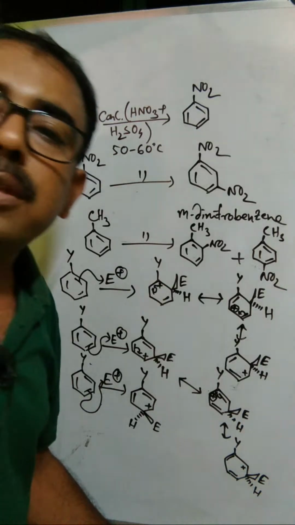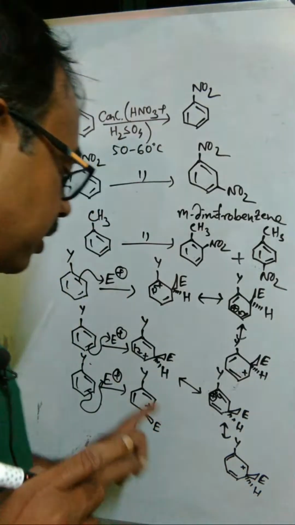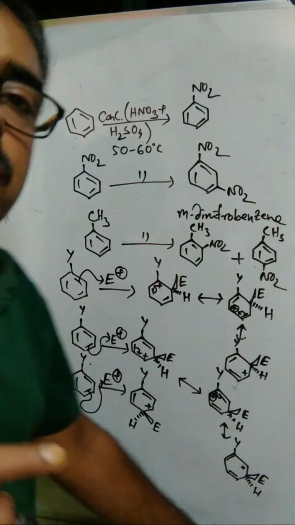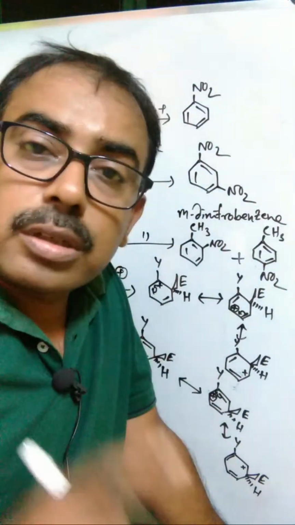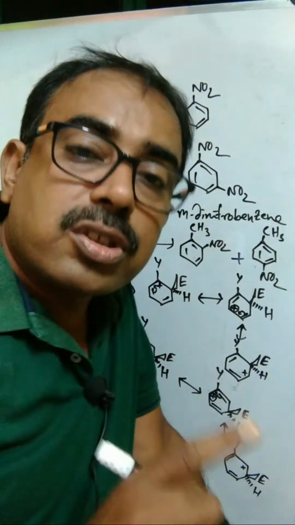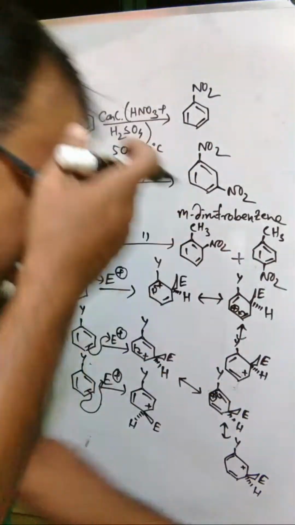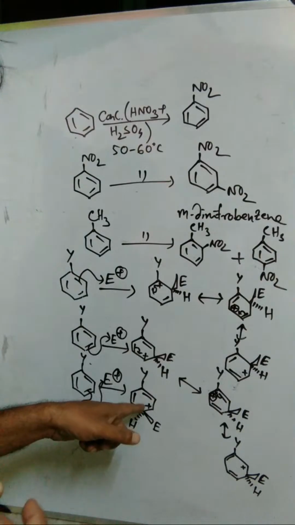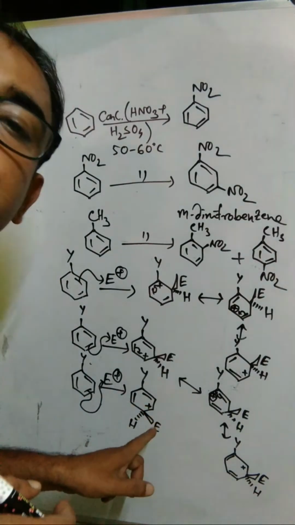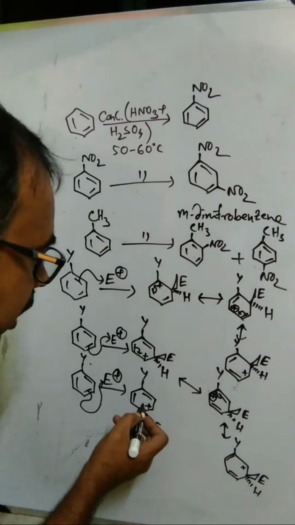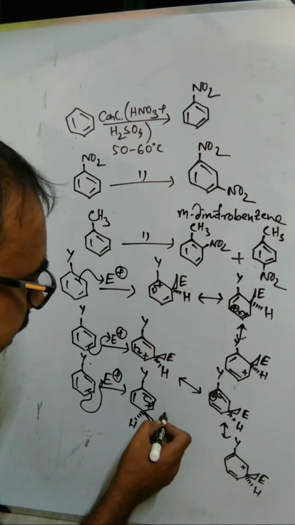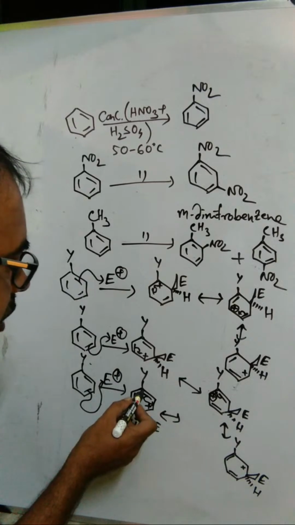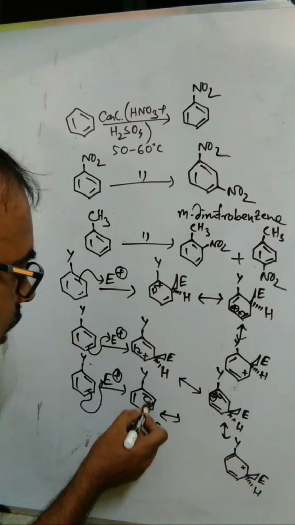Next, what happens in the resonating structure? The aim of resonating structures is just to reduce or neutralize the positive charge. So how can they neutralize the positive charge on this carbon? If that pi bond shifts from here to there, then the bond breaks from this carbon and makes a bond between these two carbons.